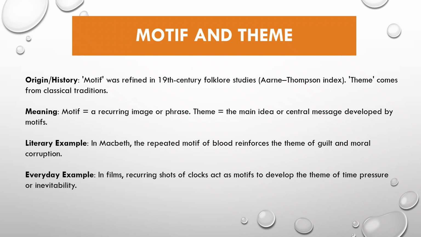That means a clock is shown many times. It is a motif to develop the theme of time pressure or something which is bound to happen, inevitability. So you might have seen a lot of motifs reoccur, thereby reinforcing that particular theme.